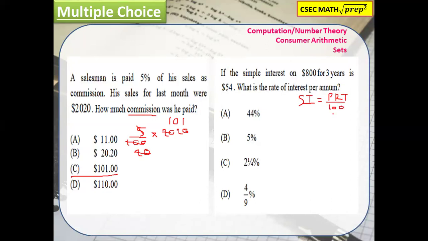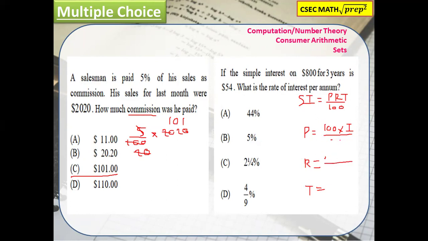But the question can come in such a way where the principal, the rate, or the time is being asked for. If that's the case, as it is with this question, then the formula would be 100 times I, or simple interest, over the other 2 concepts. So that would be rate times time.